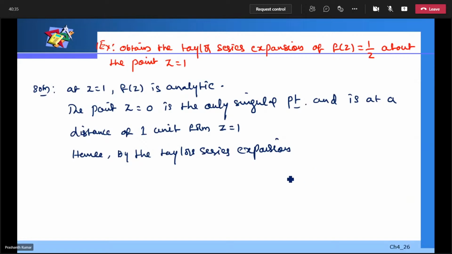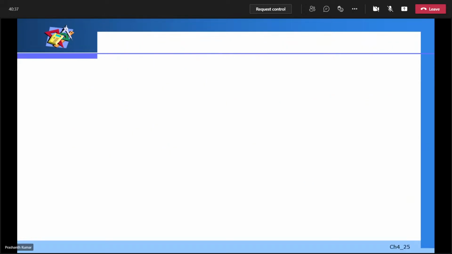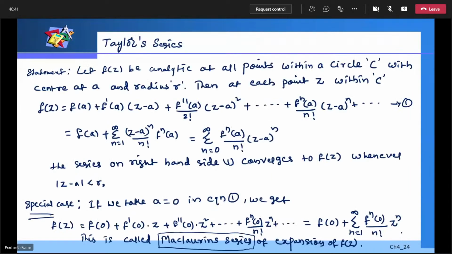The Taylor series expansion is f of z is f of a plus f dash a into z minus a plus f double dash a by 2 factorial into z minus a whole square and so on.